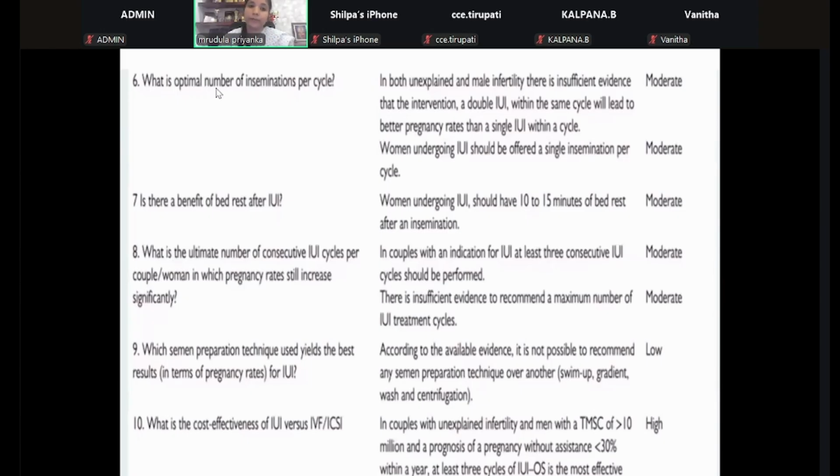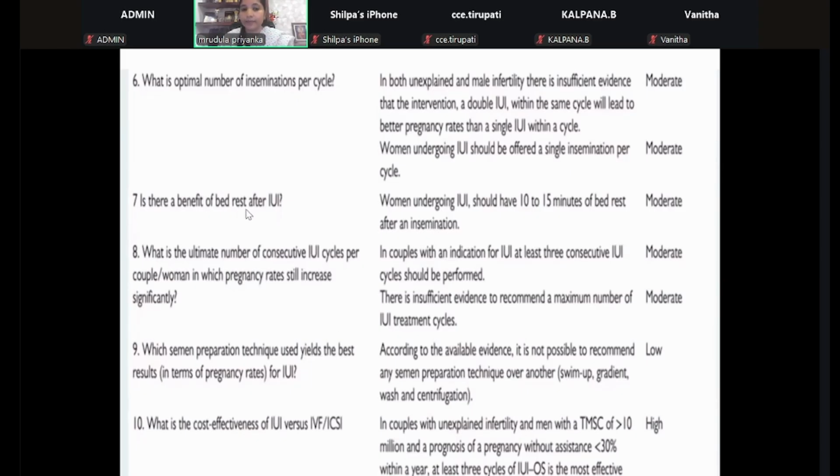So what is the optimal number of inseminations per cycle? In both unexplained and male infertility, there is insufficient evidence that a double IUI within the same cycle will lead to better pregnancy rates than a single IUI. So a double IUI is not very useful.